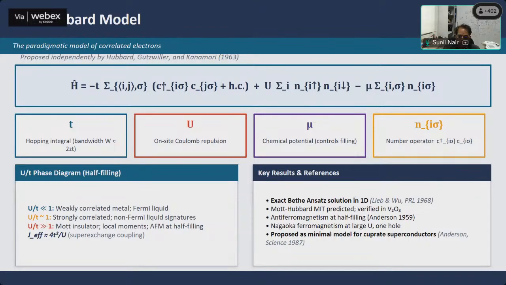One moves to what is known as the Hubbard model. Now, don't worry about the long equation. Here again, the competition is between the first two terms: the hopping integral or the bandwidth, which within the Hubbard model formalism is denoted by T, and the on-site Coulombic repulsion, which is the potential energy term, dictated by the term U. In addition, you will have other things which come in, like the effective chemical potential, which controls the extent of band filling, and the number operator, which is used with the creation and annihilation operators.